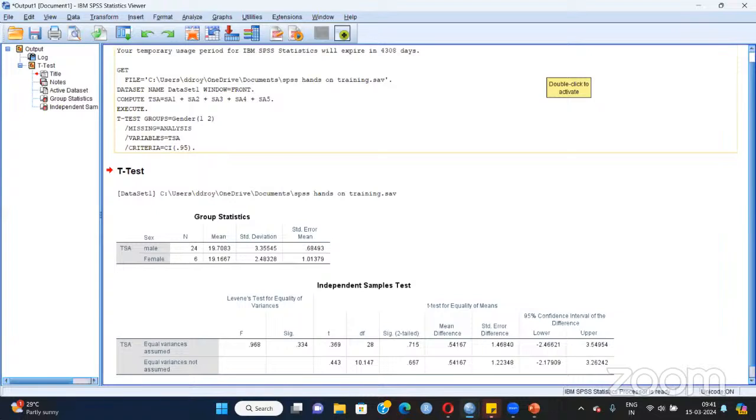In case of the one-tailed test, we assume one group is greater than the other group. This is our assumption. Therefore, we usually follow the one-tailed test.